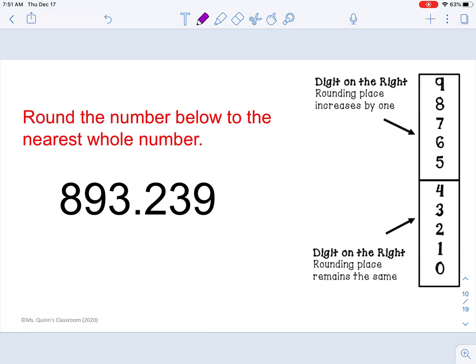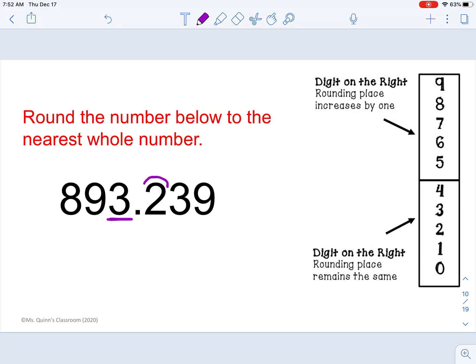One more example. This time we're going to round the number to the nearest whole number. Okay? A whole number means we're not going to have a decimal place. So we want to round it here. We want to stop it at that ones place. That's where we want it to end.